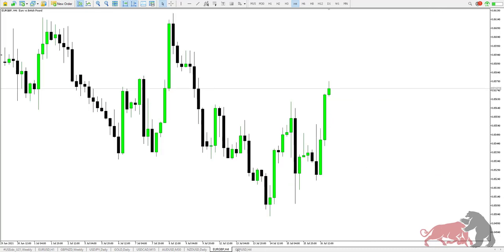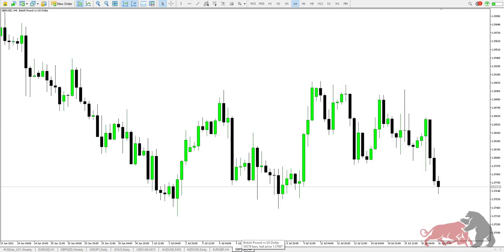The odds for Pound USD to rally to the upside are very high, especially during the Monday's range. They are very high. So whenever you are looking to trade Pound USD, just give a look at how Euro GBP is trading, because Euro GBP always precedes Pound USD.